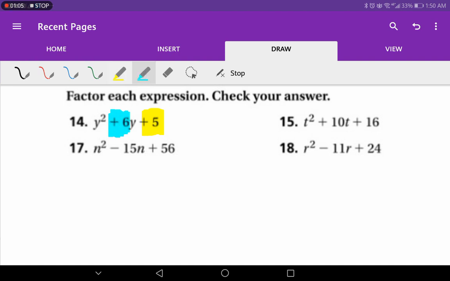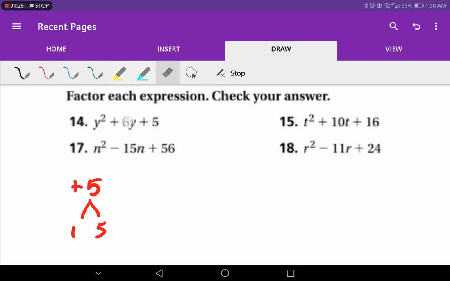First of all, this 5, if you go to the multiplication table, you get it from two factors. The first one is 1, the second one is 5. So 1 multiply 5 is a positive 5. And this is positive, because this is positive.